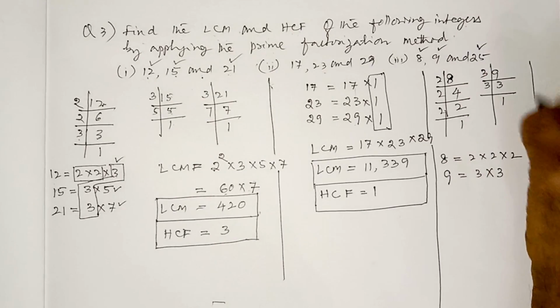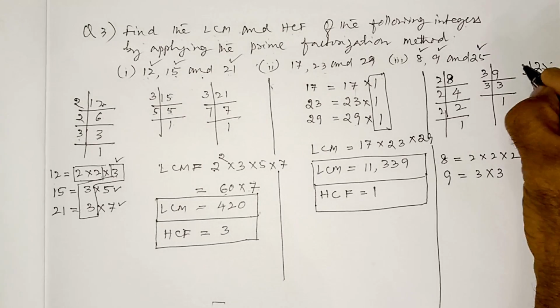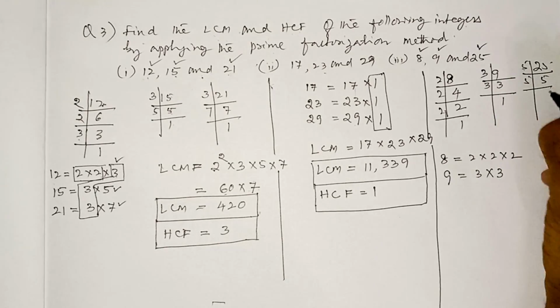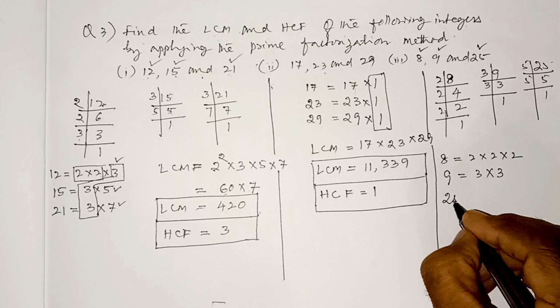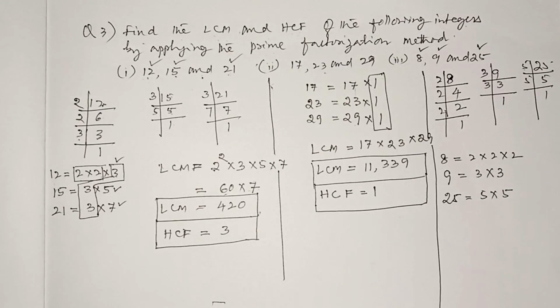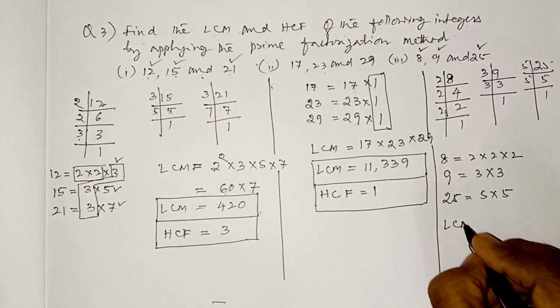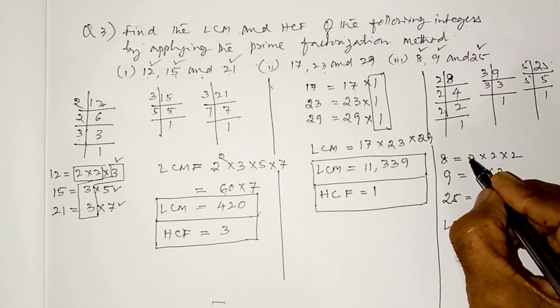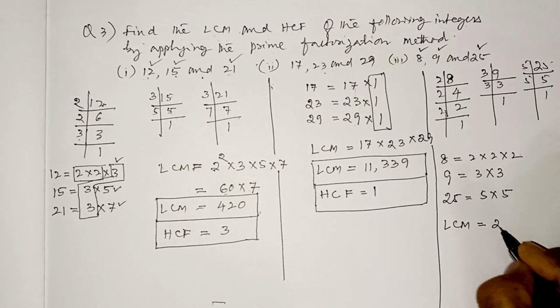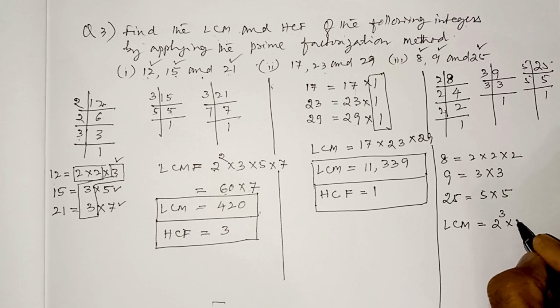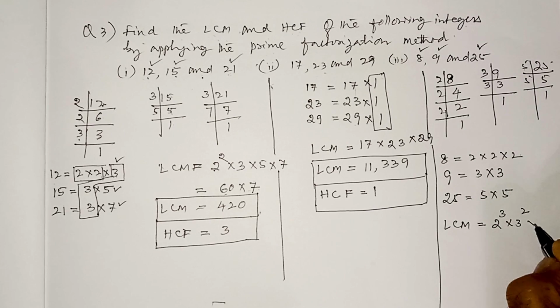Lastly, 25. 5 into 5 is 25, 5 into 1 is 5. For 25, you write down 5 into 5. Now LCM. LCM is, in this case, 2 cube, and in the second case, it is 3 square. In this case, 25.